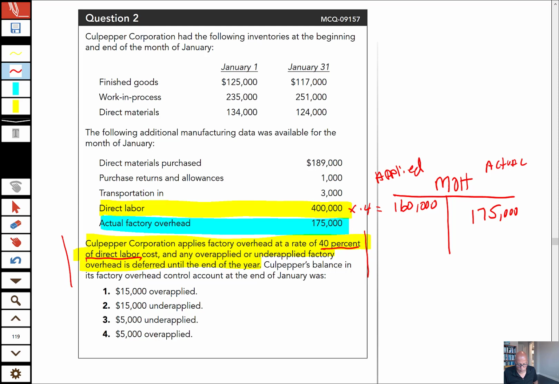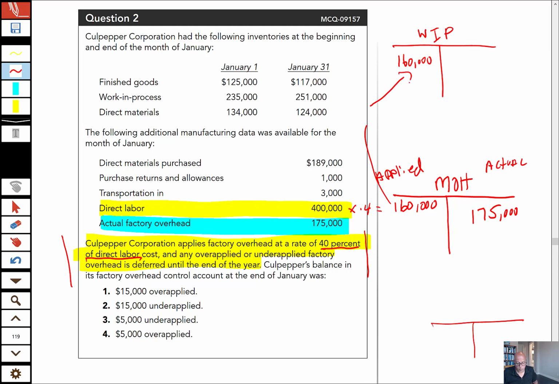So now I've got my actual, and of course over here, if you're wondering where the debits come from, this is being credited to work in process. John, how long have you been looking at accounting? You're still saying credit when you mean debit, okay?